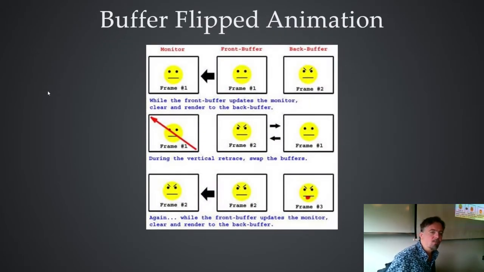So the way this would kind of work in practice, imagine you've got the view on your monitor shown here, the contents of your front buffer here, and the back buffer here. So you write frame 1 into the front buffer, and that's what the monitor is looking at. So you see the neutral face. Meanwhile, you go and write the angry face into the back buffer. And then, during the so-called VBLANK, where in theory the electron beam is being moved to the top, even though it's not, right?